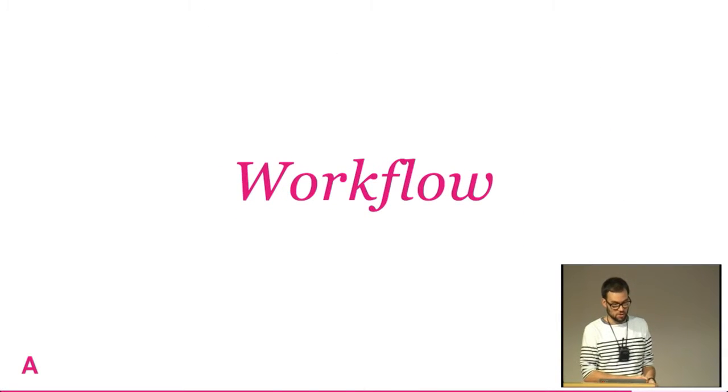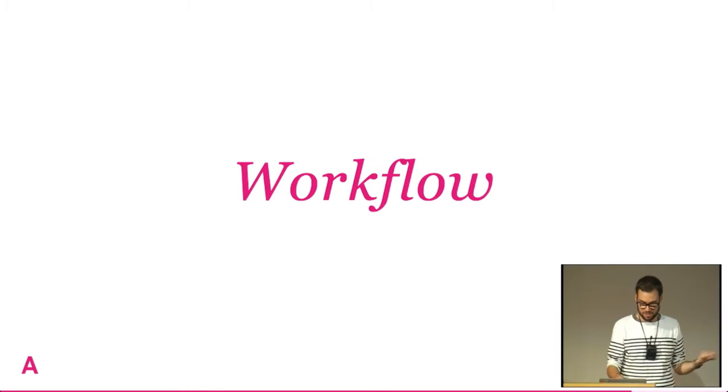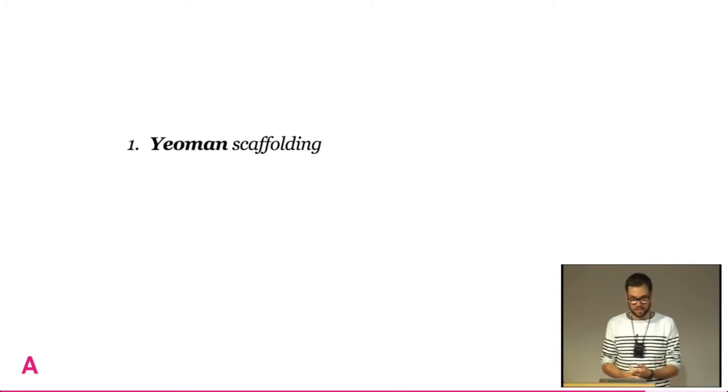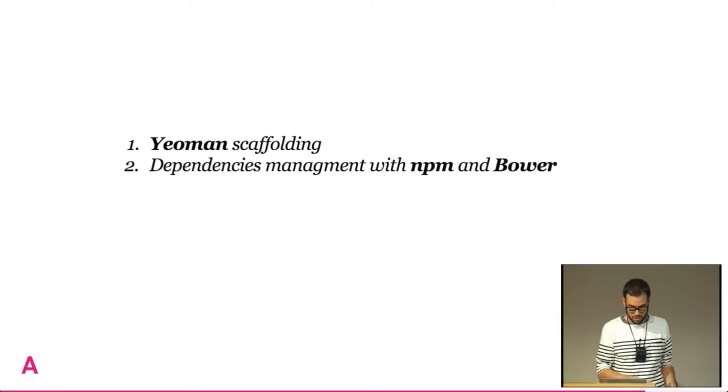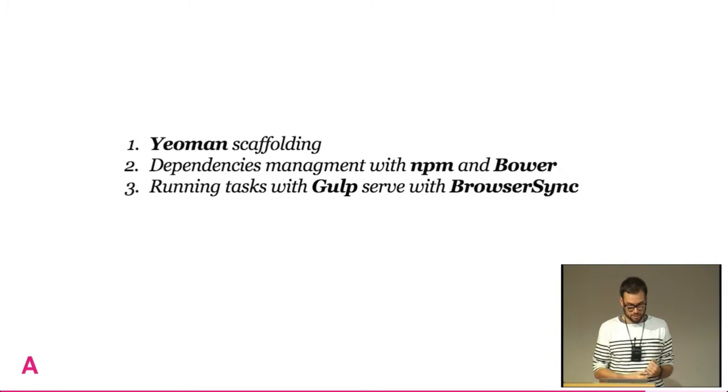So this easy workflow is you just install all the needed tools to use Yeoman, and you type yo style guide, and then you have your structure. The dependencies are managed with npm and bower, and with gulp and processing you work, and this is like 2 minutes.